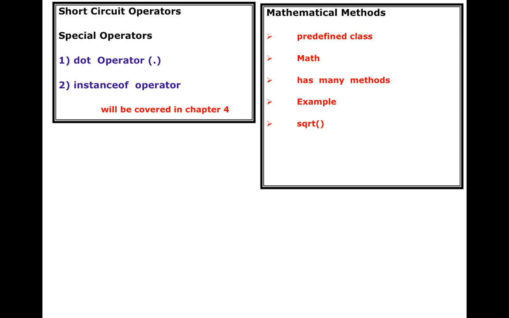Now, if you want to use sqrt in Java, you will write something like this. y is equal to Math.sqrt(x). So Math is the name of the class and sqrt is the name of the method. So how do you read this? You read it this way: sqrt of Math, that way. So if x is equal to 49, y will be equal to 7.